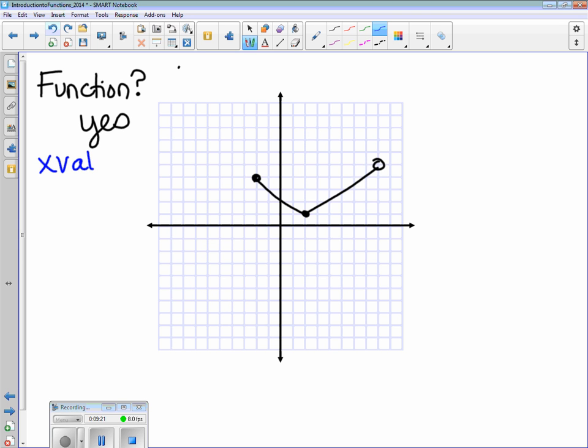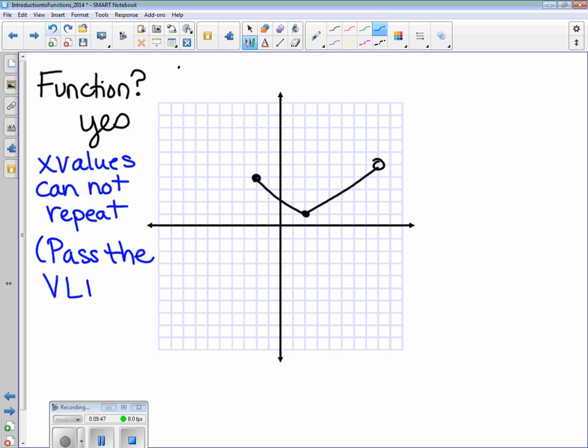So write that down if you don't know it. In order to be a function, the x values cannot repeat, and it has to pass the vertical line test. And I always tend to write VLT for vertical line test. Is that going to bother you? It's just too long to write it all out.